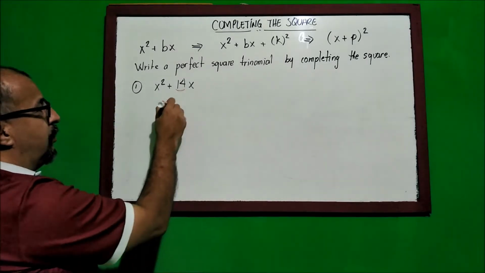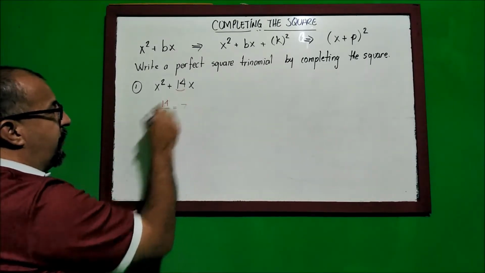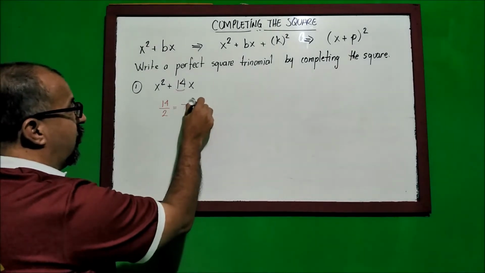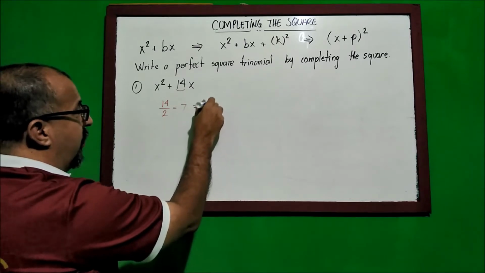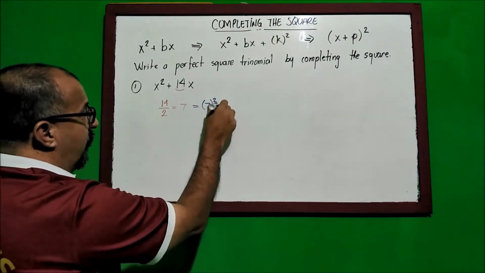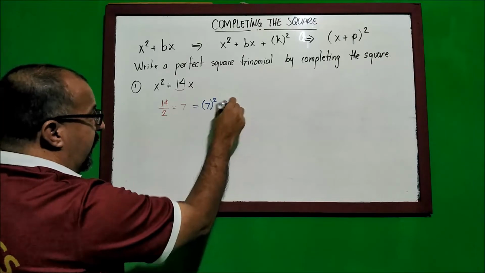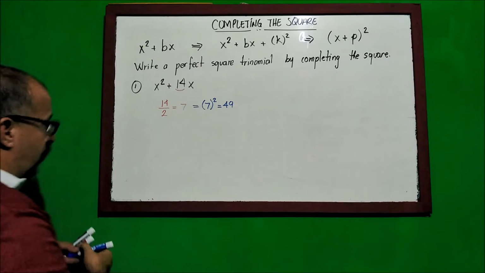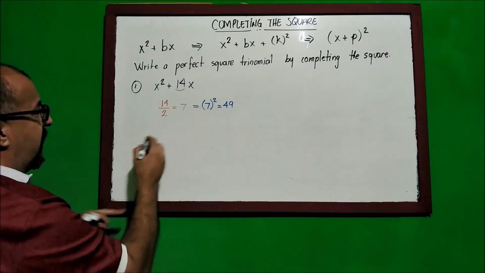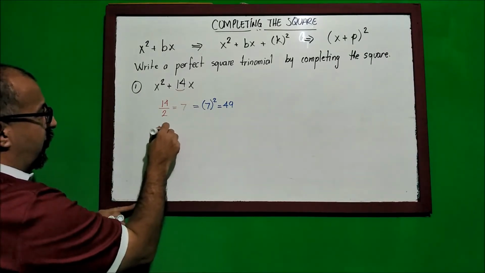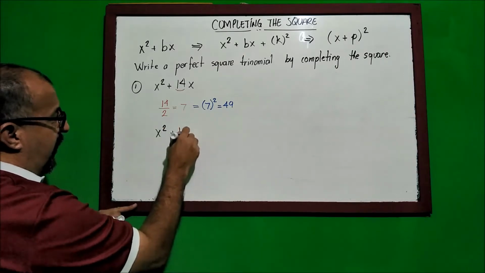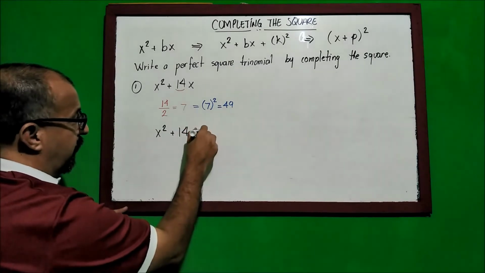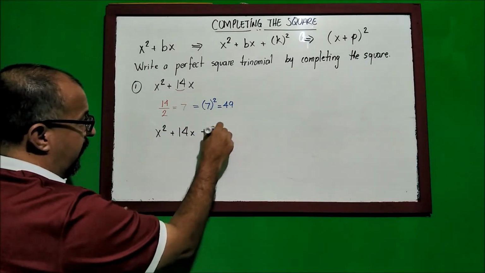Once I divide it by 2, I will obtain the answer 7. And then this 7, we are going to square to obtain 49. So once I have this 49 in here, what I am going to do is add that 49 to the expression, to the original value. So x squared plus 14x plus 49.